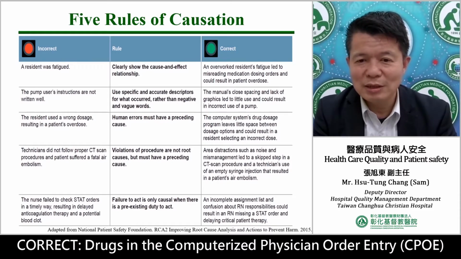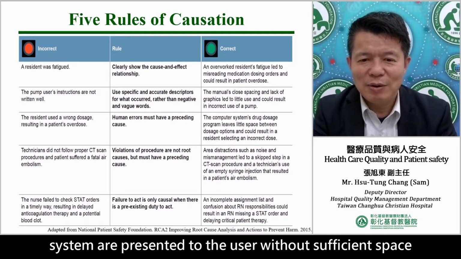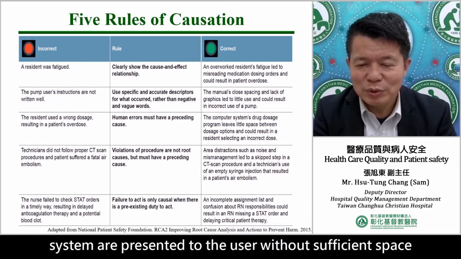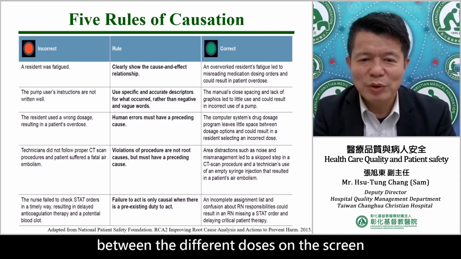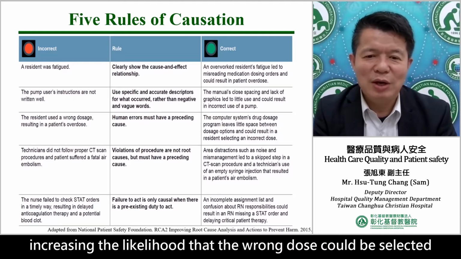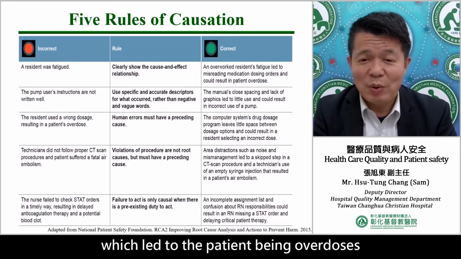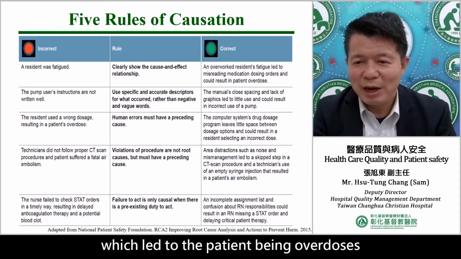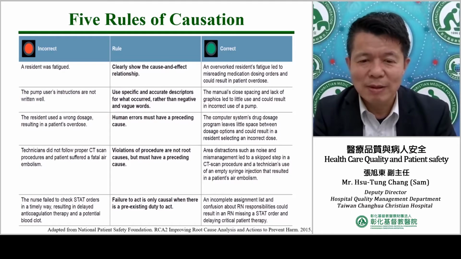Correct: drugs in the computerized physician order entry, CPOE, system are presented to the user without sufficient space between the different doses on the screen, increasing the likelihood that the wrong dose could be selected, which led to the patient being overdosed.